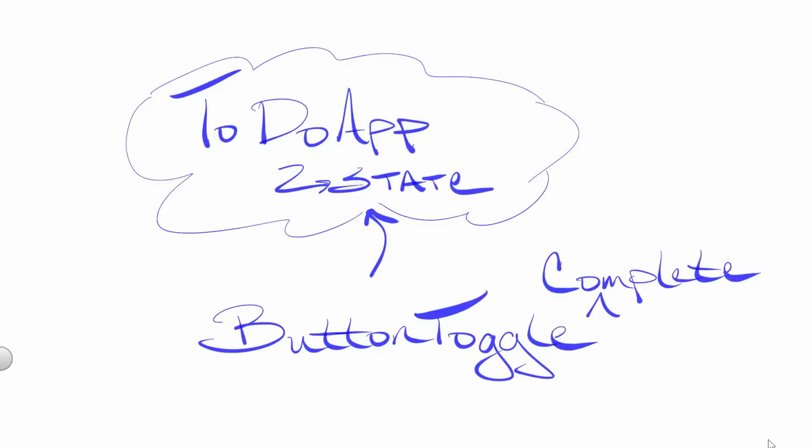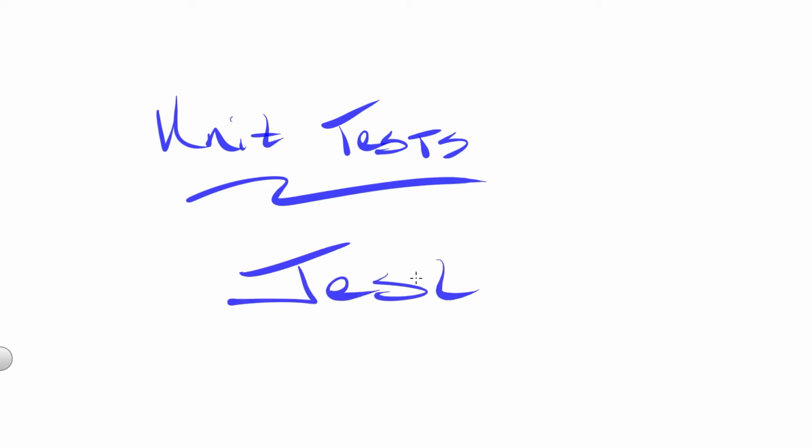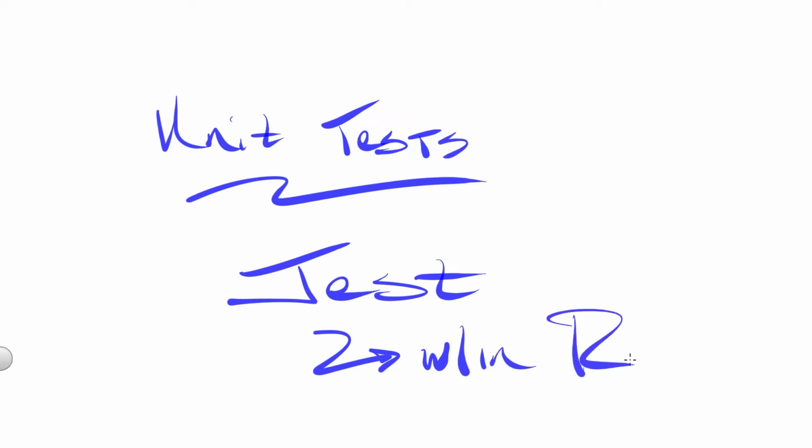All right, when I'm starting something new, I always need to sketch. So we'll create unit tests. We will use Jest. Jest is a unit testing tool, but it's built into, it's within Redwood.